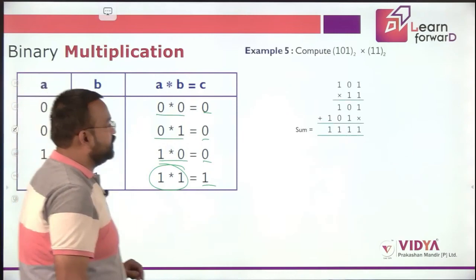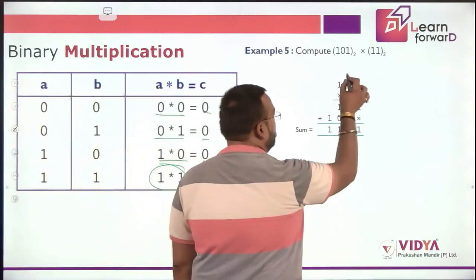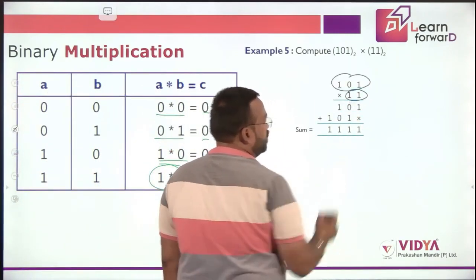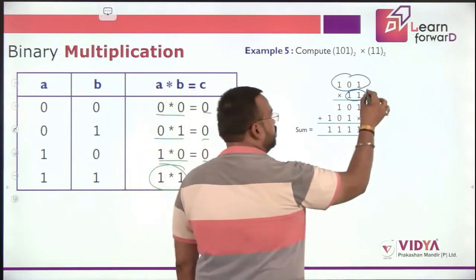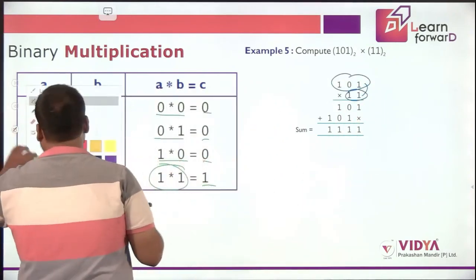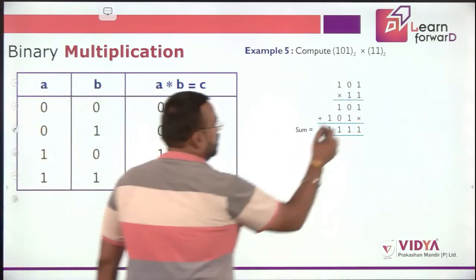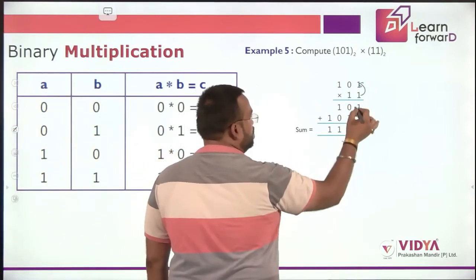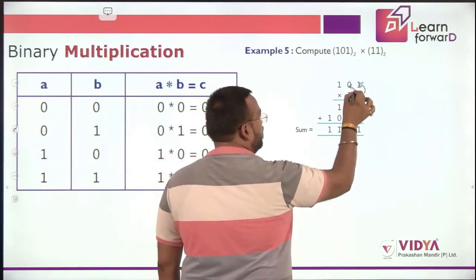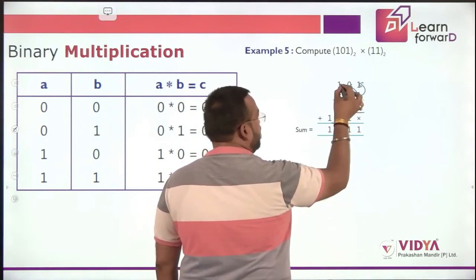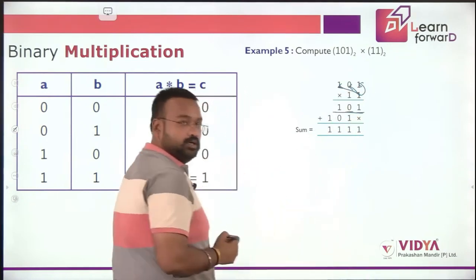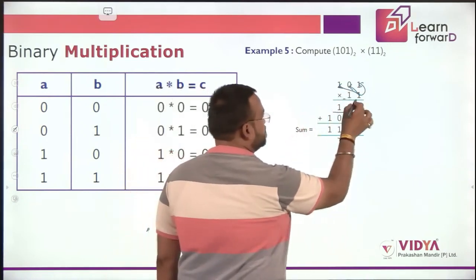Let's see one example. We have to multiply this with this number. Let's start with 1. When we multiply 1 into 1, that is 1, 1 into 0, that is 0, and 1 into 1, again 1. Clear? Now let's do this one.